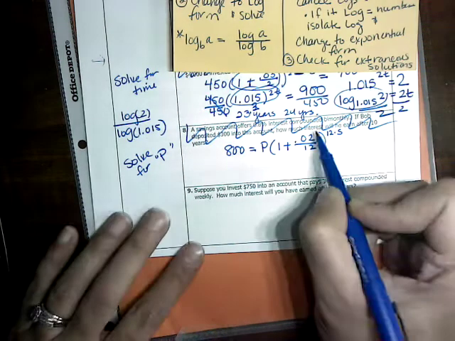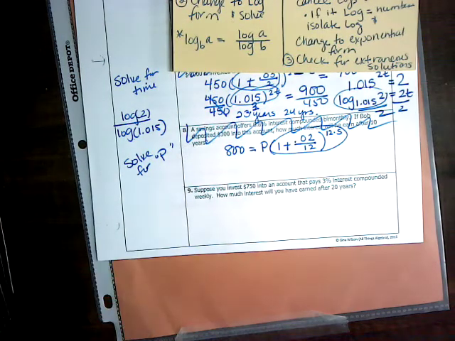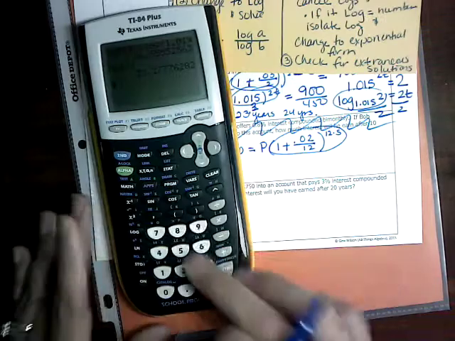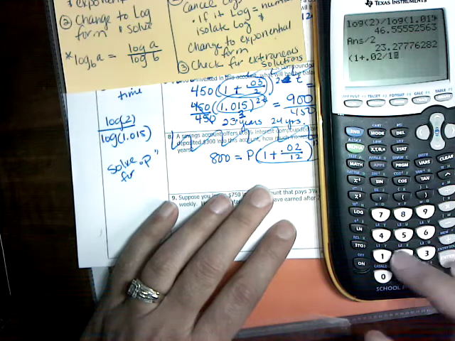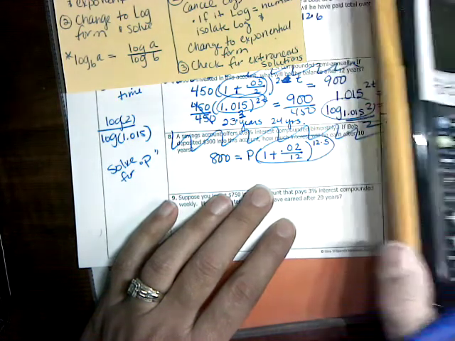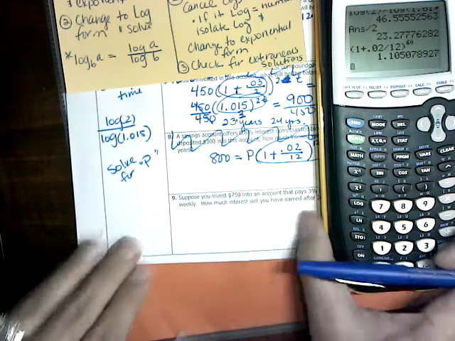What we do is put this in our calculator. So P times whatever that is. Let's take parentheses, 1 plus 0.02 divided by 12, and raise it to 12 times 5, which is 60. And we get this answer right here.